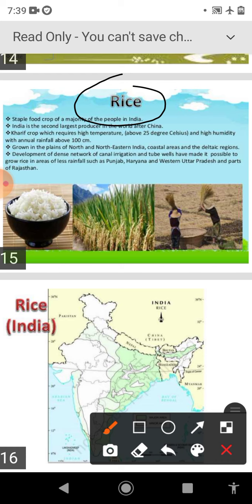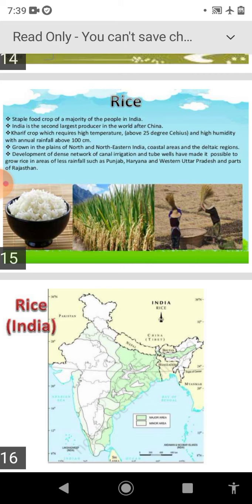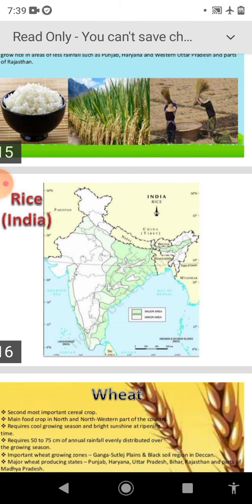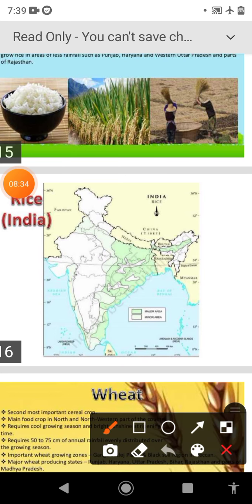This variety of soil is ideal for cultivation of paddy. After that, we will discuss the area of production. You can see this map. This map is showing you the major producers of rice in our country.